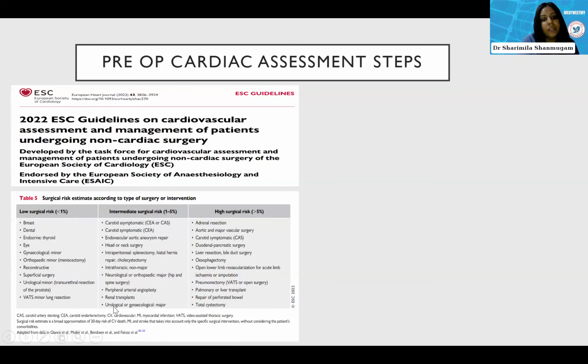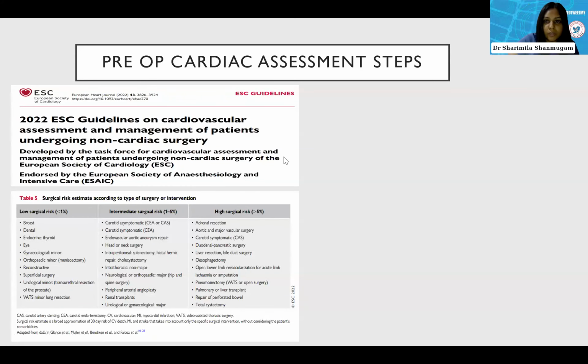Renal transplant, again urological and gynecological, a bit more major, 1 to 5%. They carry that risk. And the high risk, of course, more than 5%. These are the major intra-abdominal surgery, adrenal resection, esophagectomy, cancer patients, pneumonectomy, perforated bowel, transplantation, cystectomy, and all that.